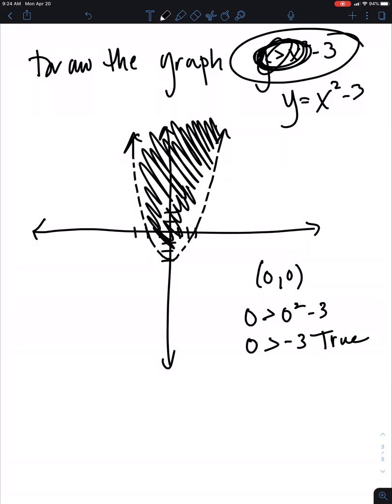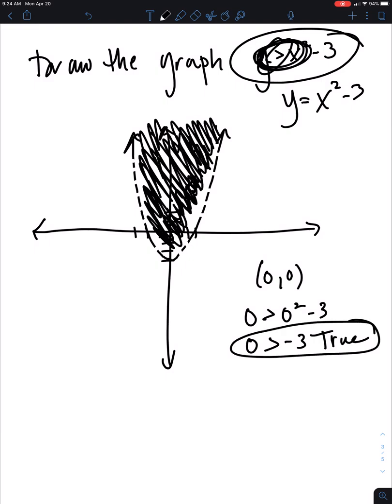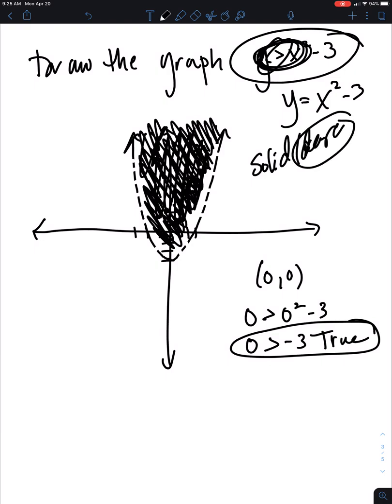Again, before you click that submit button, did I shade the right side? And if you want to pick a point, you can to make sure. You can do a check. Anything in here should satisfy that inequality, and make sure you either had a solid or a dash, and you know which one you do. In this case, we needed a dash line before you hit submit.